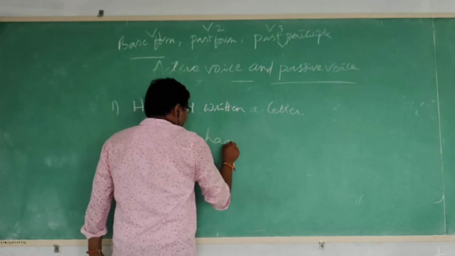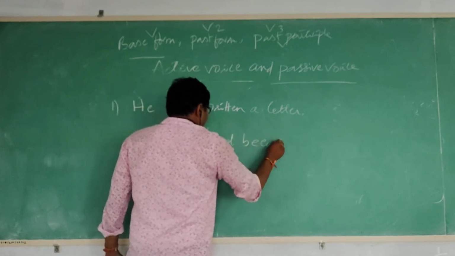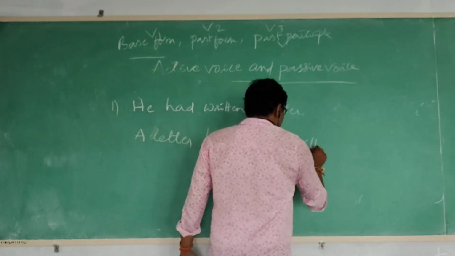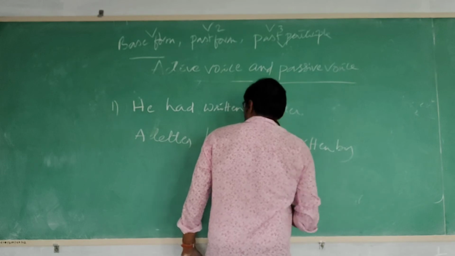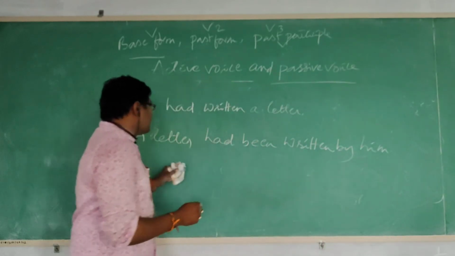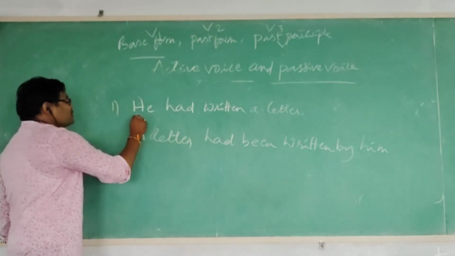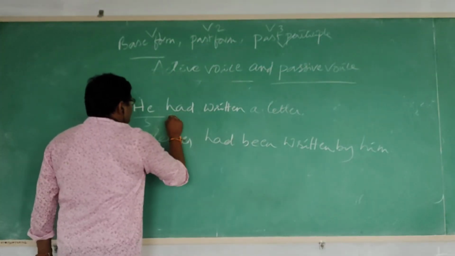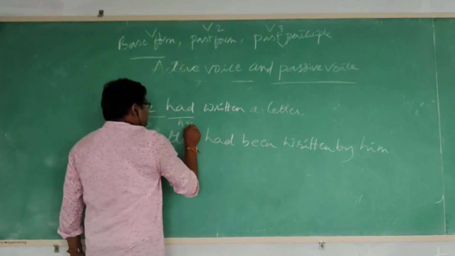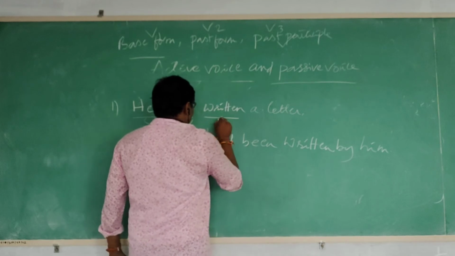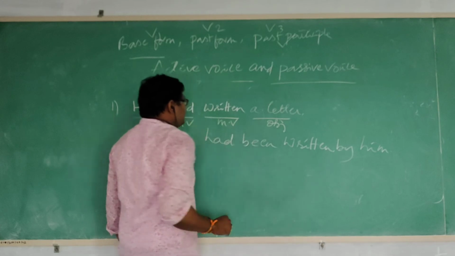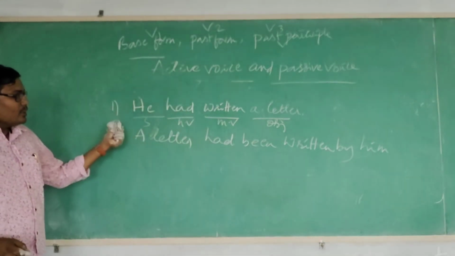A letter had been written by him. Okay, see here, as per the 6 rules, we can see subject and helping verb, and this is the main verb, and this is the object.